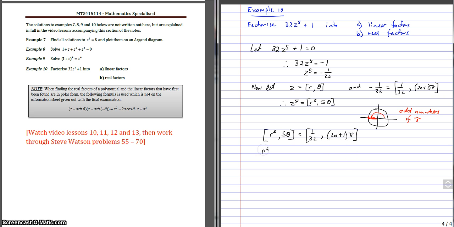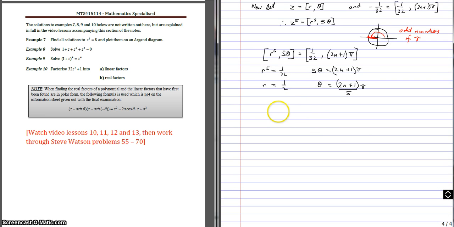So that r to the 5, our modulus, is equal to 1 over 32, meaning r is equal to 1 over 2 when we take the fifth root of that. And 5 theta equals 2n plus 1 pi, which means when we divide by 5, theta is equal to 2n plus 1 over 5 pi.